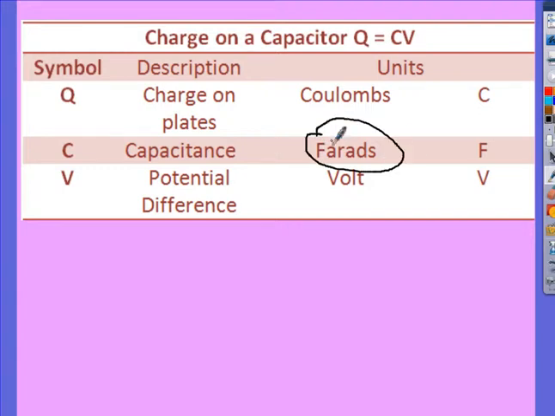There are other units we can use, but we're going to use farads and just use a capital F. Q is the charge, and V is the potential difference, usually the potential difference of the battery we're using. So the charge on any capacitor is its capacitance times the voltage.